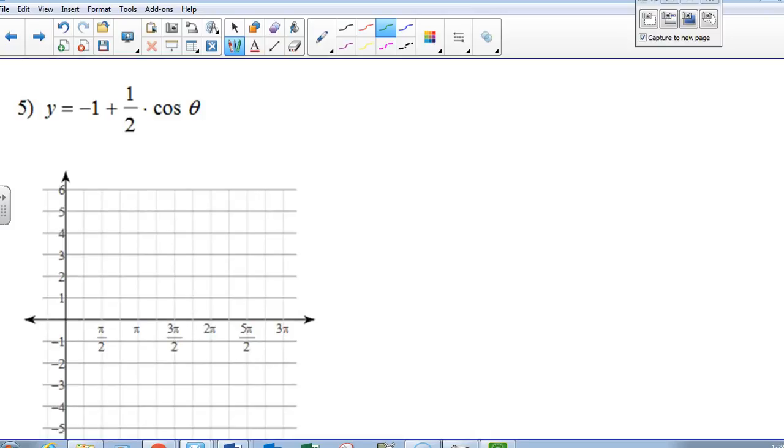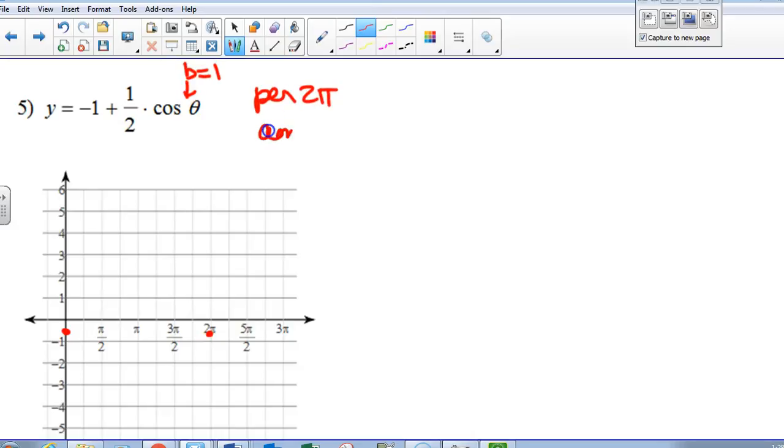Except this is gonna be so tiny, it's gonna give me a heart attack because the amplitude is only 1/2 and it's a vertical shift of down 1. So it starts here. What's the period, Sam? 2 pi. The b is 1. So the period is just 2 pi.